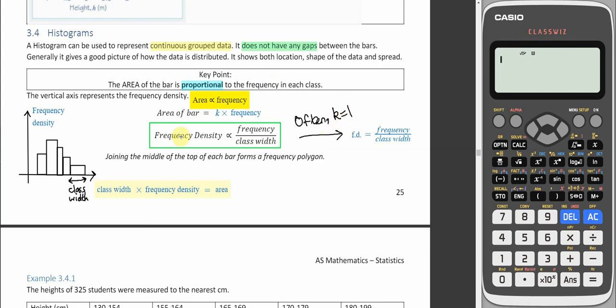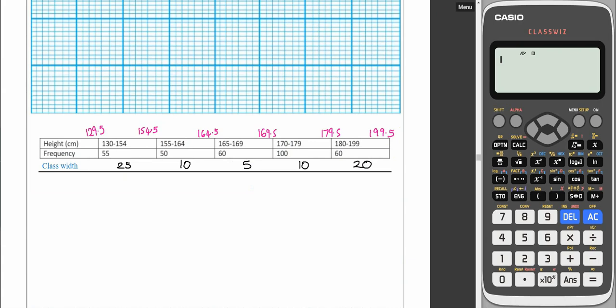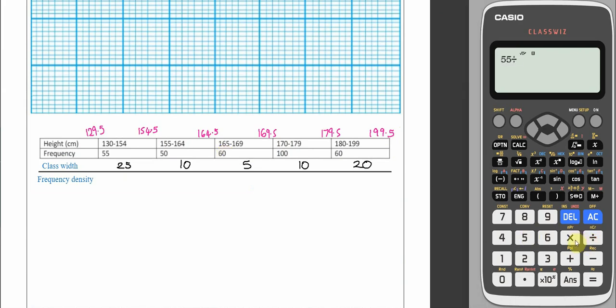So for my histogram in this question, the area of the bar does equal the frequency. So in that case, the frequency density of each bar is going to be its frequency divided by its class width. So another row to the table, frequency density: frequency, which is 55 in this case, divided by the class width, which is 25 for the first group, gives us a frequency density of 2.2.